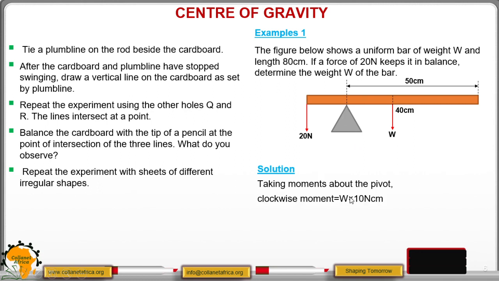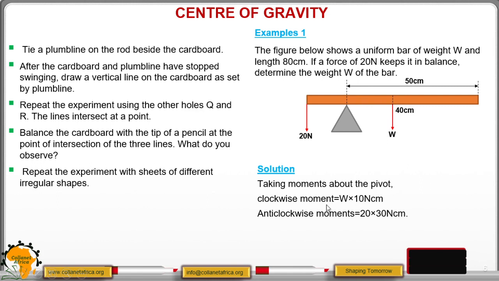and we have the clockwise moment, whereby the clockwise moment is from this line here toward this direction. Of course, the weight will provide the moment on this side because it is at the center here. So you take the weight W, you multiply by the distance from the point of support to the line of action of this force, which is 10 centimeters.